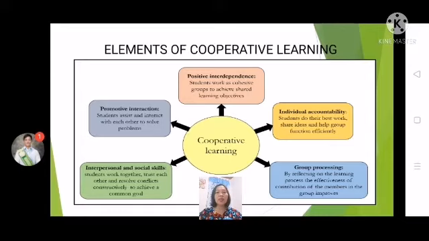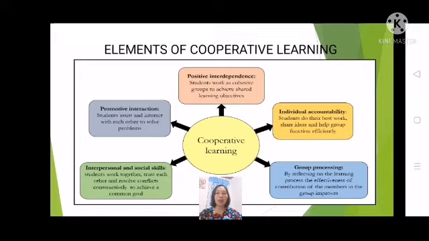When we say positive interdependence, students work in cohesive groups to achieve shared learning objectives. In promotive interaction, students assist and interact with each other to solve problems. In individual accountability, students do their best work, share ideas, and help the group function efficiently.